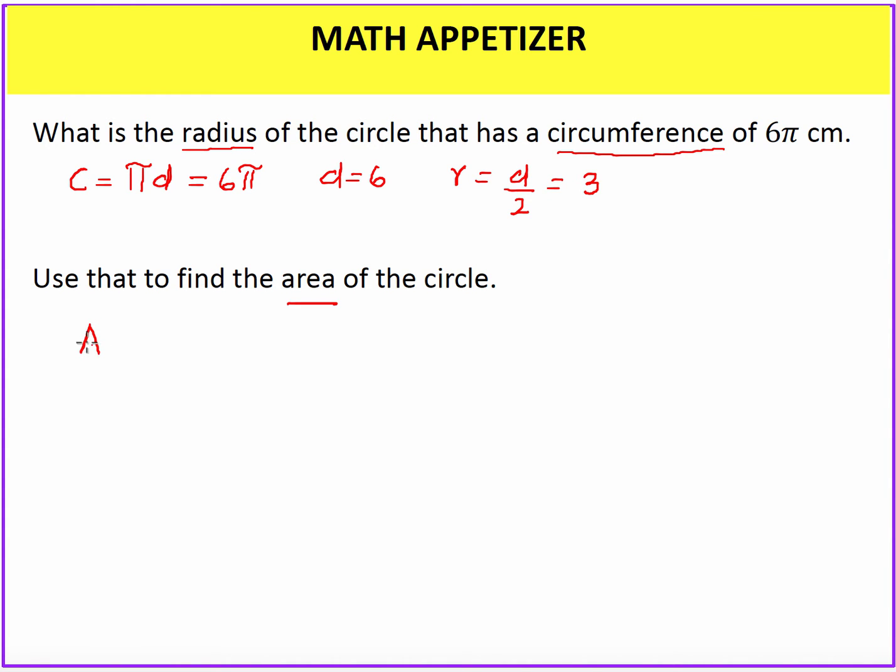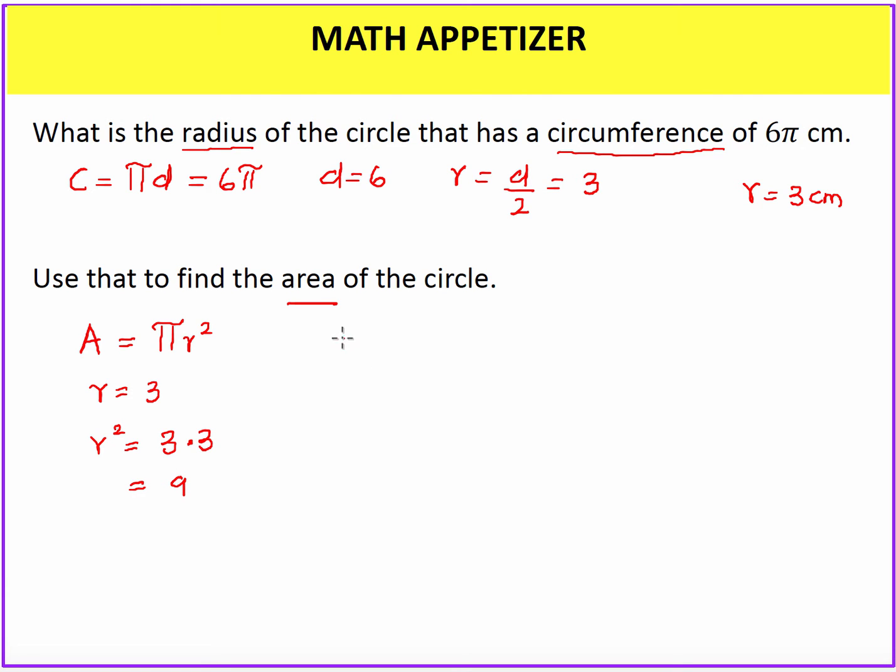So area of the circle, let's write down the formula first. So that is pi r square. And we know that r is 3. So let's make sure we write here that r is 3 centimeters. So r square must be 3 times 3, that's 9.